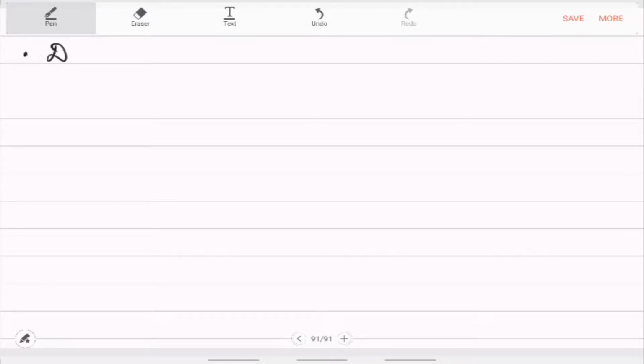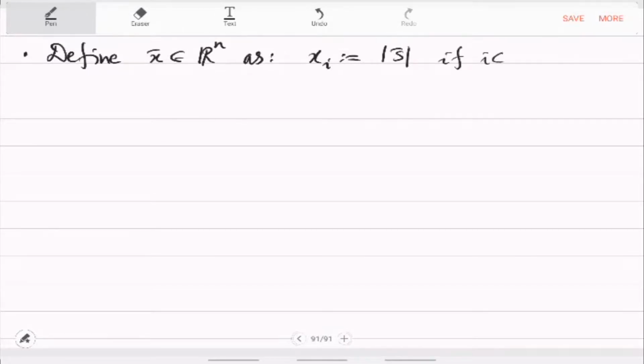So define vector x bar as, so the ith coordinate is S bar if i is in S, and it is minus S otherwise.